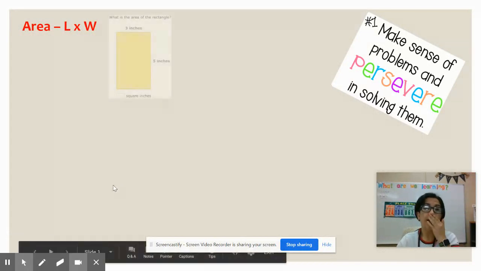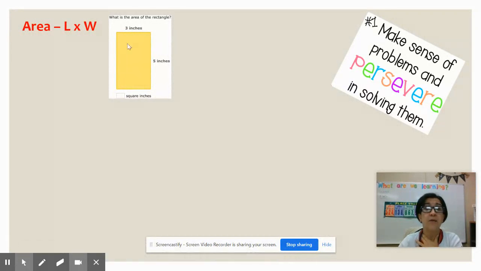Okay, so here we have this picture, for example. What is the area of the rectangle? So you have one side and the other. You have only two dimensions here, two measurements. You have the width and the length, or you can call this the width and this the length, whichever way.